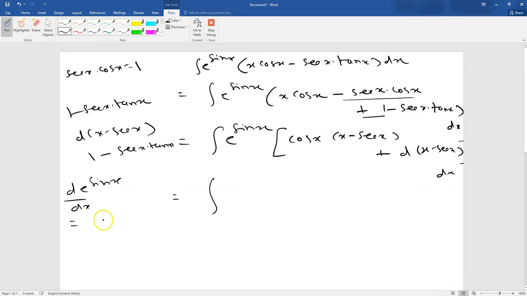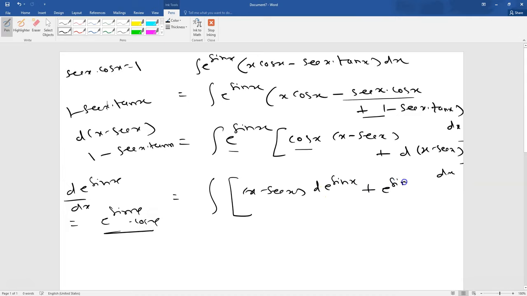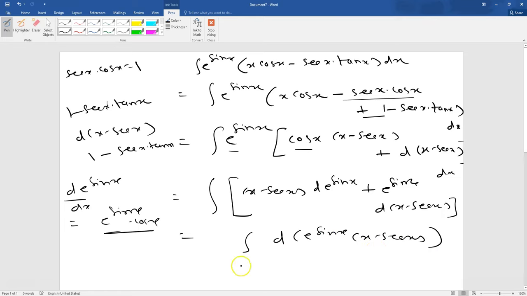The derivative of e raised to sin x is e raised to sin x into cos x, correct? So if we see, it comes as (x minus sec x) times the derivative of e raised to sin x, correct? Plus e raised to sin x times the derivative of (x minus sec x), correct? This means it is the derivative of e raised to sin x into (x minus sec x). And integration and derivative cancel. So what is the answer? e raised to sin x into (x minus sec x) plus c. Easy, and that's how you need to solve it.